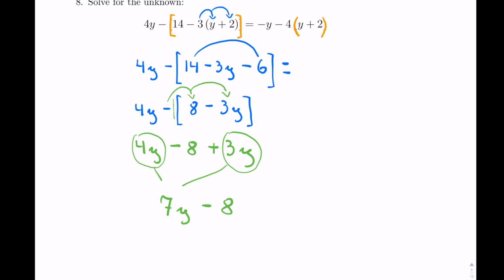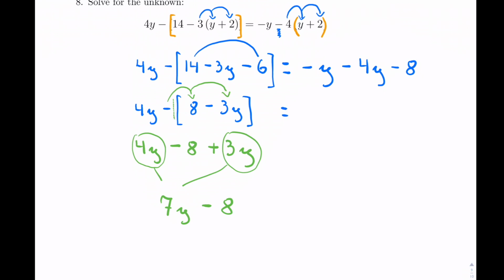So we'll go back to the top here. So we have minus y. So I'll take the 4 and bring it inside here. So it is the subtraction, so I'll bring it in together. So we have that negative y, now it's going to be minus 4y, and then minus 8.